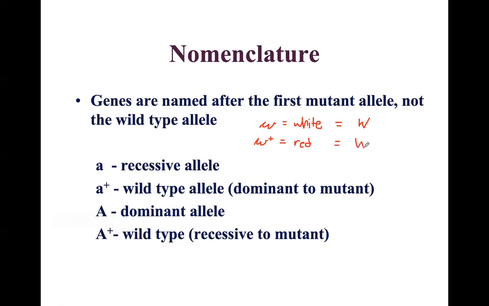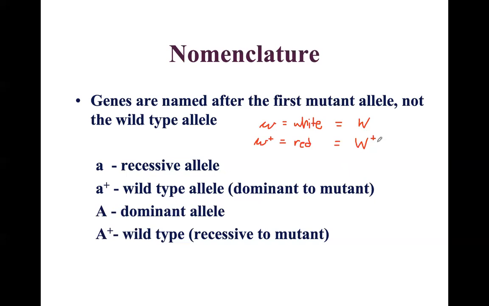And then we would use capital W plus, that is also red. So why do we have two? Why do we have lowercase and uppercase? Because in this case, since the W, which stands for white, right, is lowercase, it means that the white is recessive. Over here, if it was big W, it would mean the white is dominant. Most of these mutations are recessive. So most of what we're going to do is lowercase. But that's what it means.